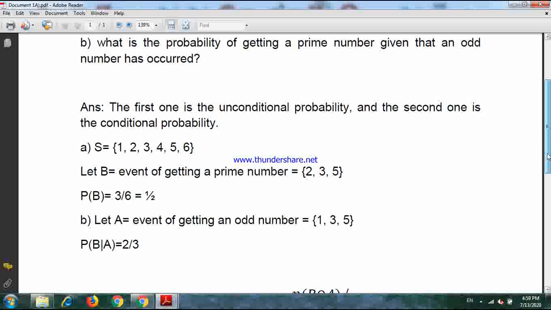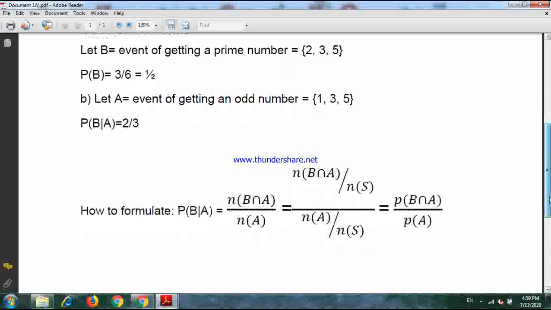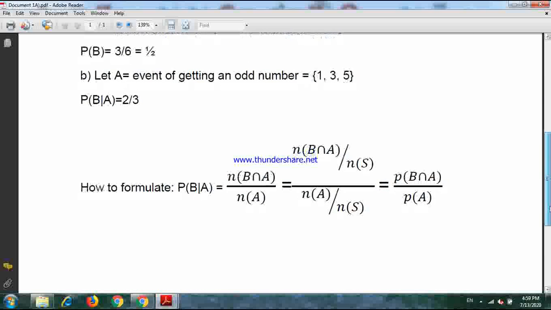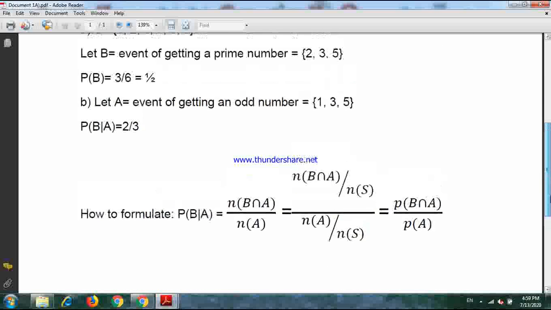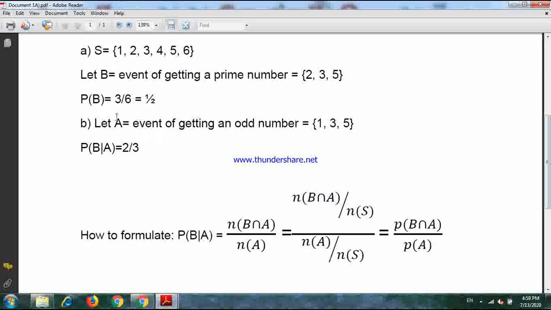Now see how to formulate this one. We have written P(B given A) equals n(B intersection A), that means the number of outcomes in the set B intersection A. So what is B intersection A?